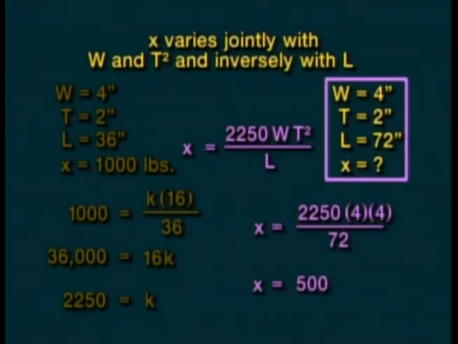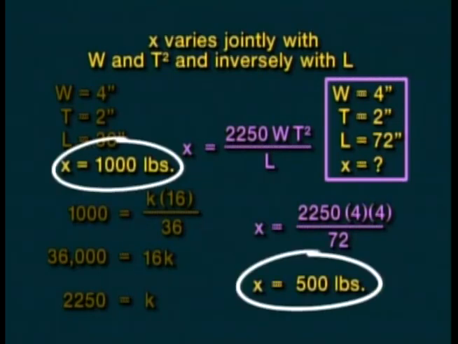The beam can only support a load of 500 pounds. That's half the weight the shorter beam was able to support. That makes sense. A beam twice as long will only support half as much weight.